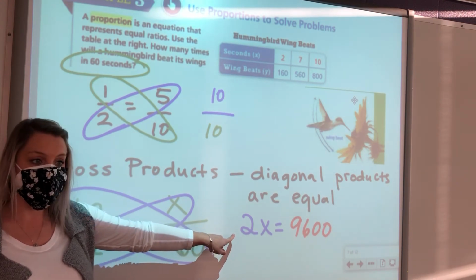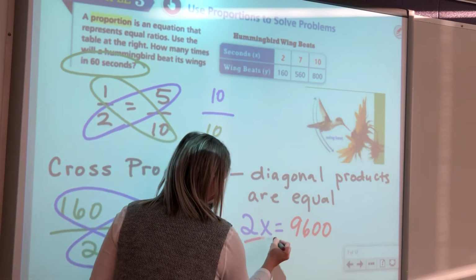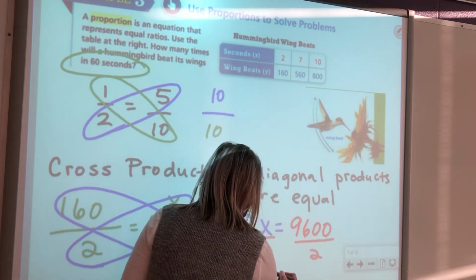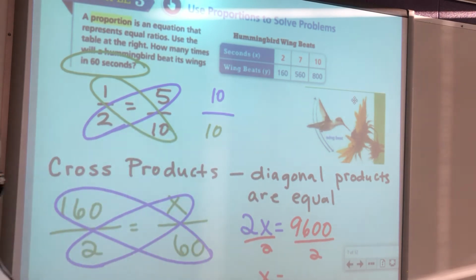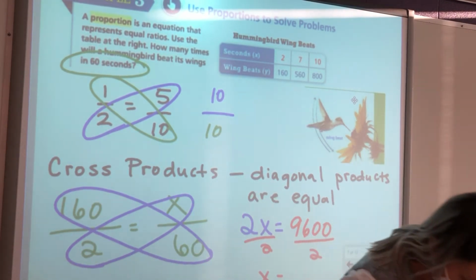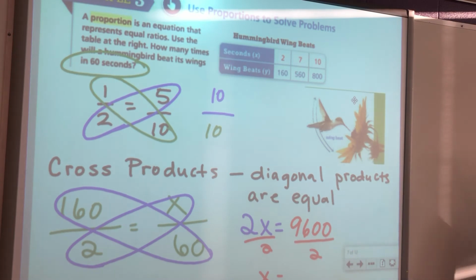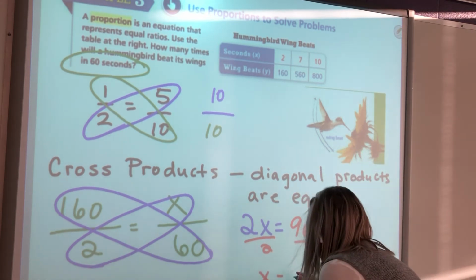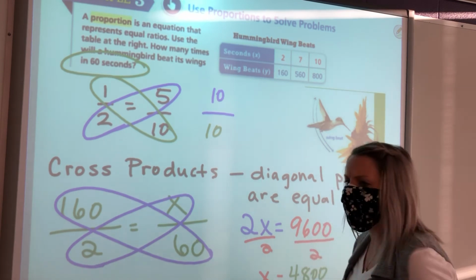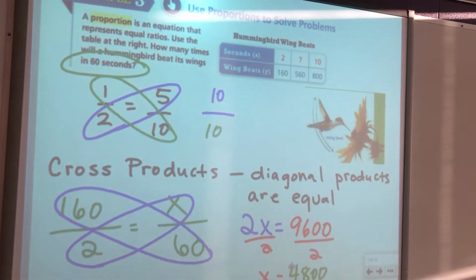What are you going to divide by? 4,800. So what does 4,800 mean? That's how many beats there are in 60 seconds.